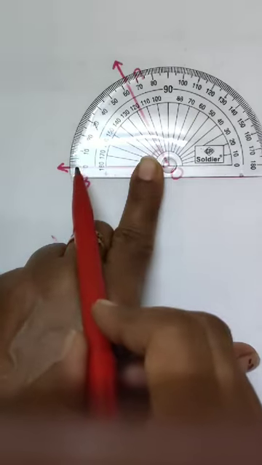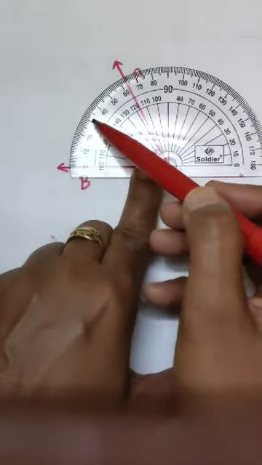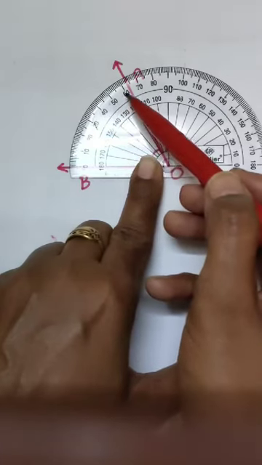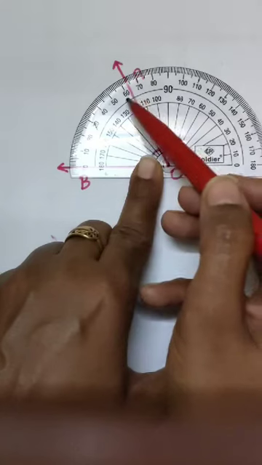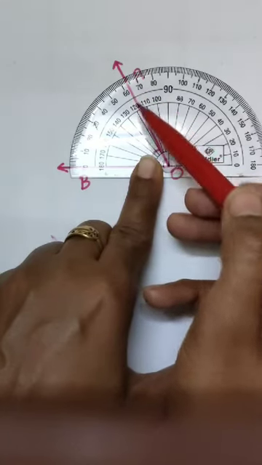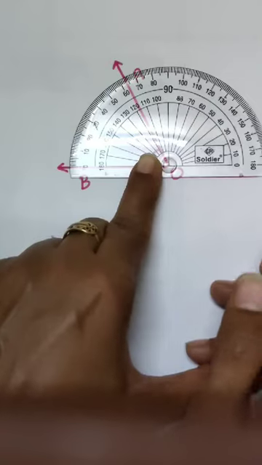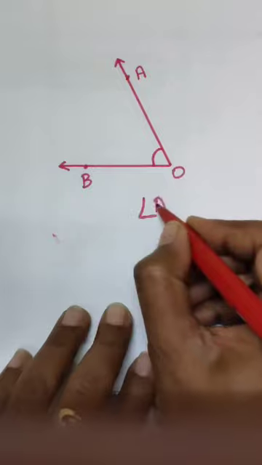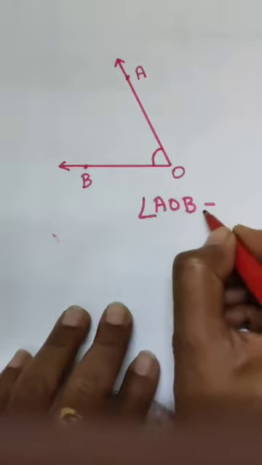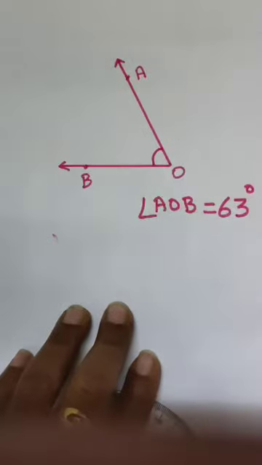Start from 0 degree, then move step by step: 0, 10, 20, 30, 40, 50, 60. It is between 60 and 70, but it is not completely 65. It is nearly 63 or 64 degree. So we will write angle AOB equal to 63 degree.